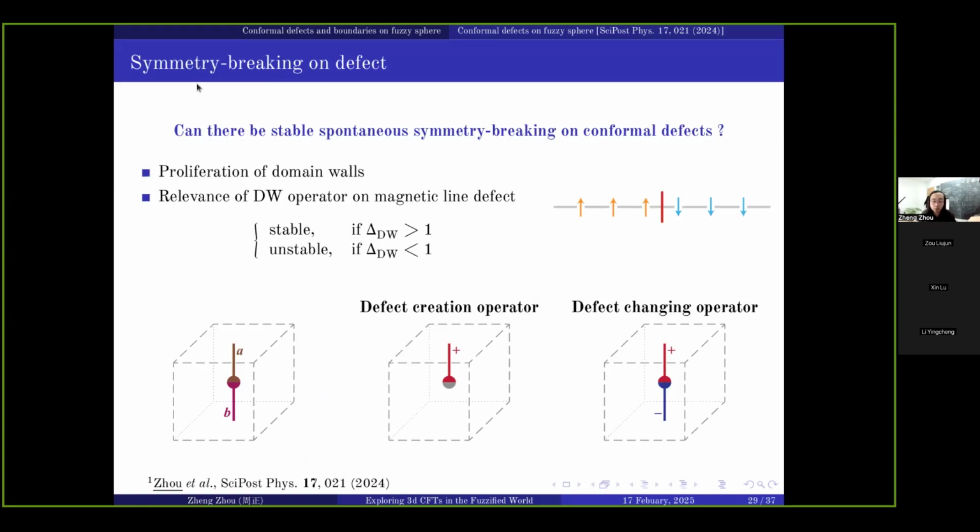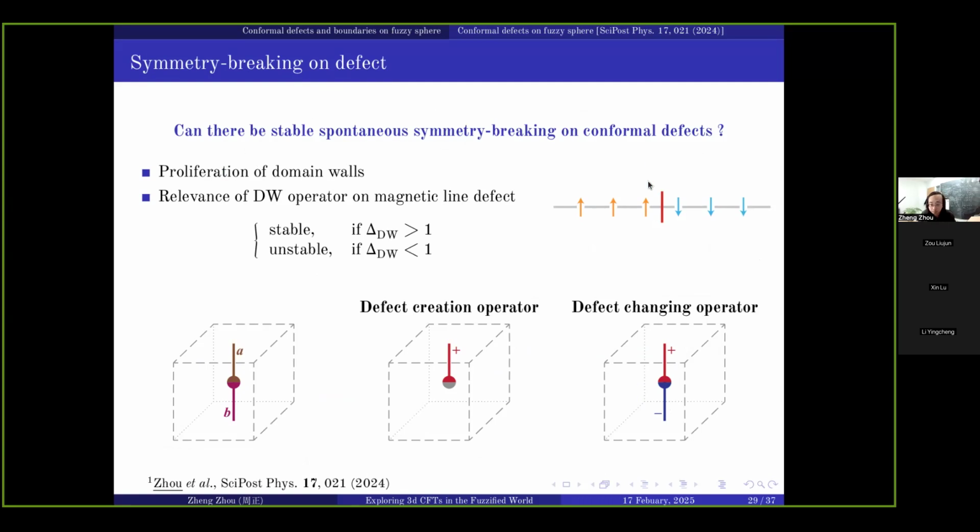And the second significant question is the symmetry breaking on defects. Namely, can there be a stable spontaneous symmetry breaking on the conformal defects, for example on the Ising magnetic line defect? We know that for an independent 1D system, there cannot be spontaneous symmetry breaking.